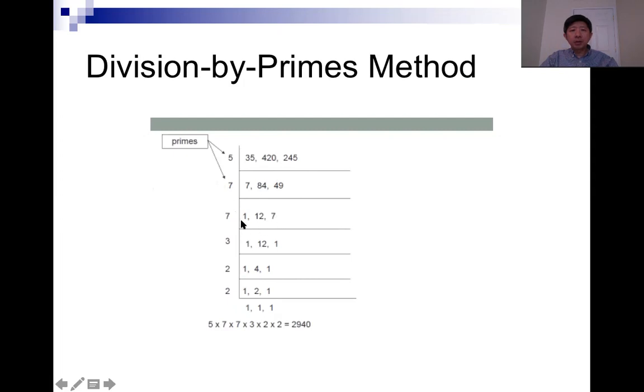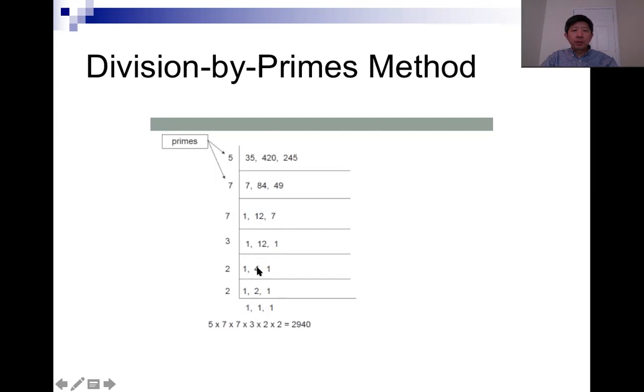And next, we do 7 again, and if it's divisible, we divide. And if not, we just bring down the number, okay? So we simply bring down the 1 and 12, and 7 divided by 7, we got a 1. Next, we have 1, 12, 1. So 12 can be divided by 3, we got 4.